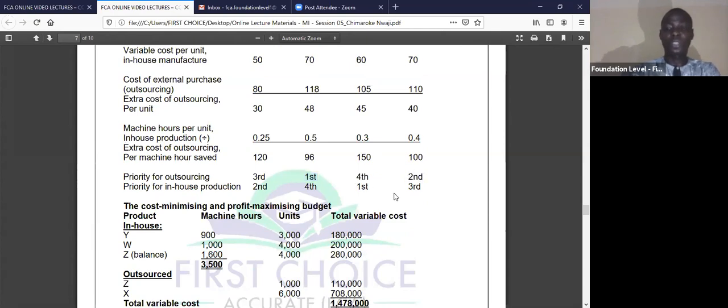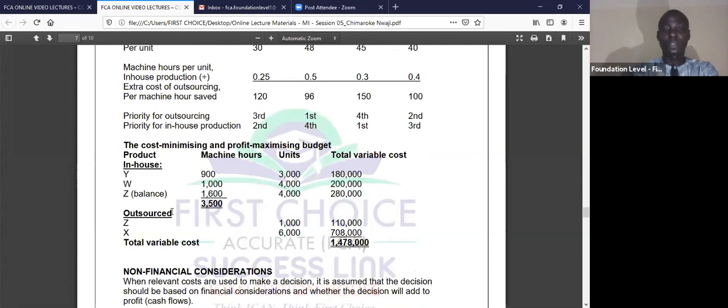So it is your Z that was your second. Anyway, you can still do your Z first before you do your X, because you started this one already. So you have to give out the balance first. So the balance of 1,000 must be given out. You are not caring about the order now in which you give out the outsource, because you've taken all the ones that you are going to do in-house. So the rest can be outsourced.